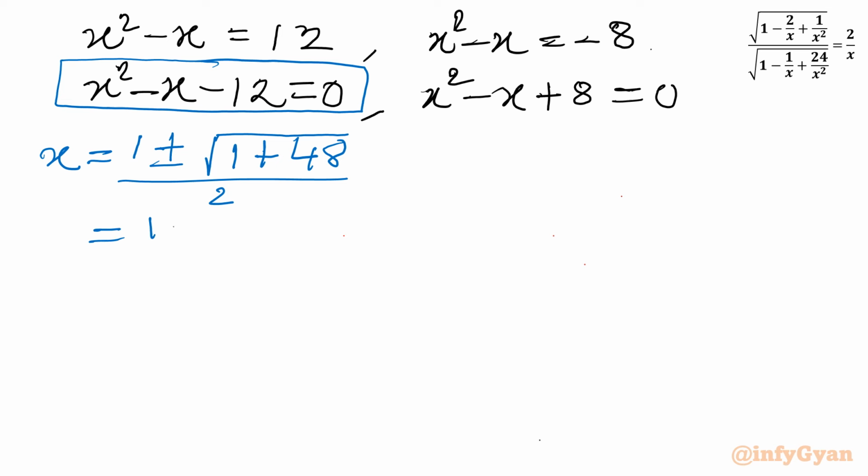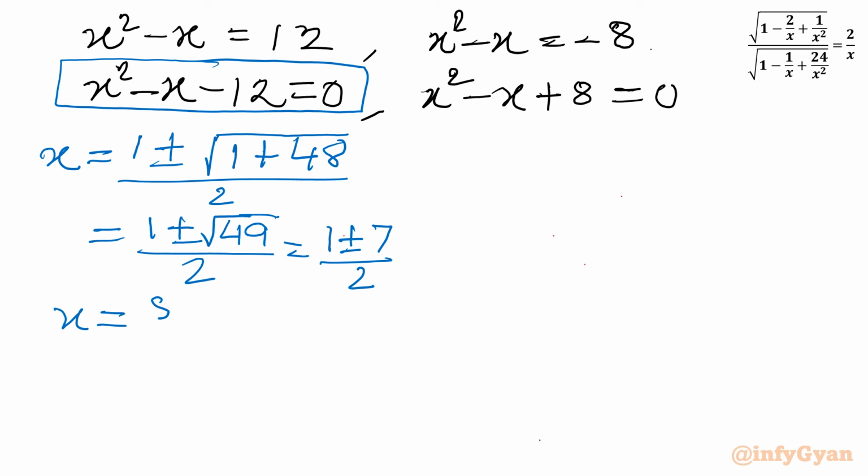So I can write 1 plus minus square root 49 over 2. So I can write 1 plus minus 7 over 2. So x will come out 8 over 2 or negative 6 over 2.